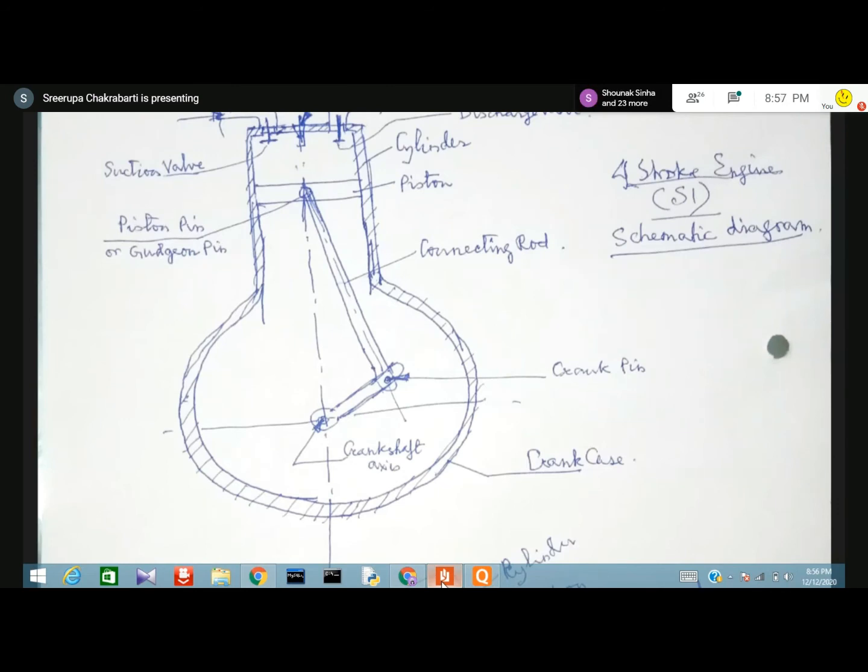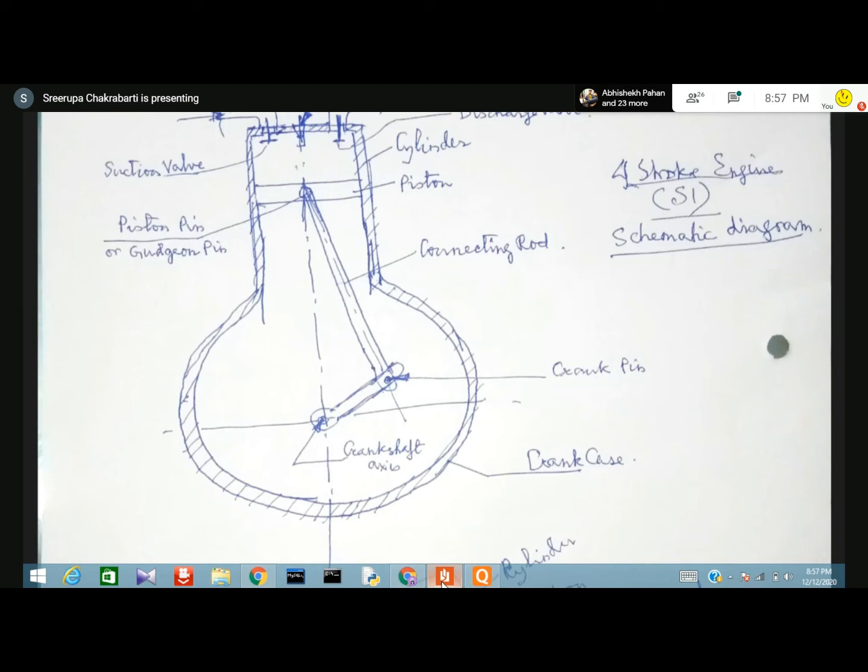The connecting rod and the cranks have central holes through which we are sending the lubricating oil, through the connecting rod central hole into the piston, so that the oil can go onto the interface between the piston and the cylinder and can lubricate those surfaces also. So these things will be shown to you in due course.